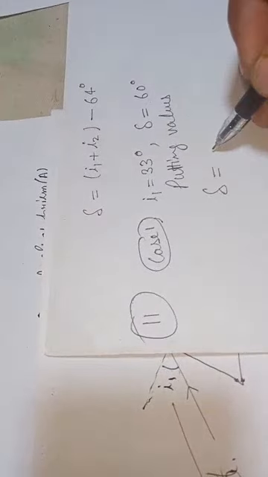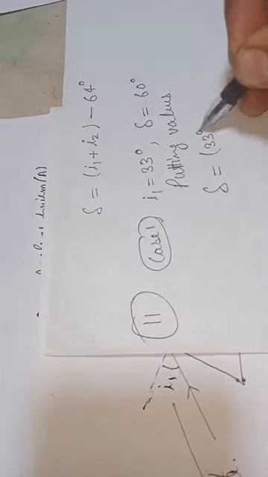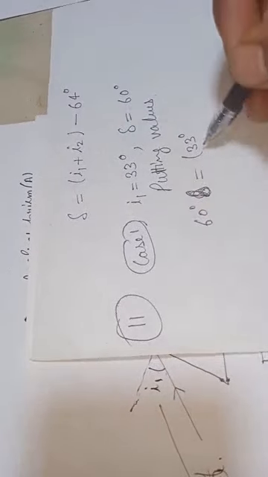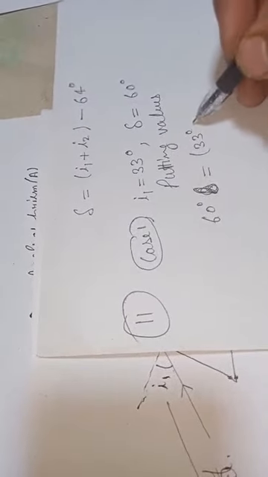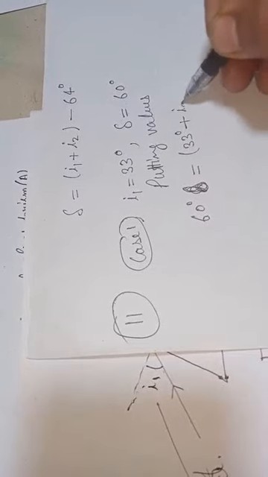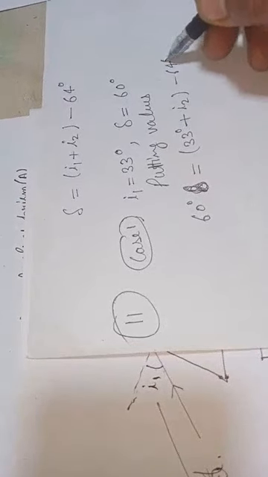Putting these values, 60 degrees equal to 33 degrees plus I2 minus 64.